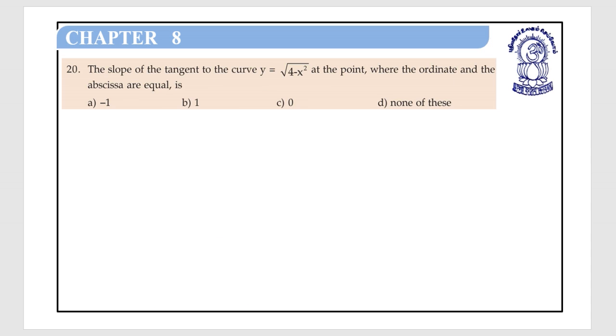Question number 20. The slope of the tangent to the curve y is equal to under root 4 minus x square at the point where the ordinate and the abscissa are equal.